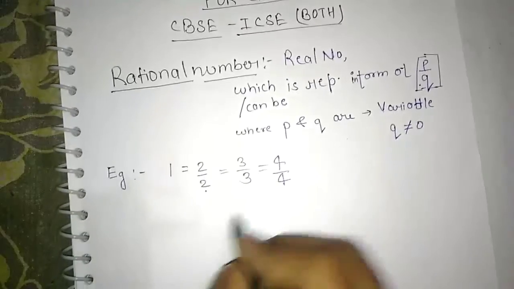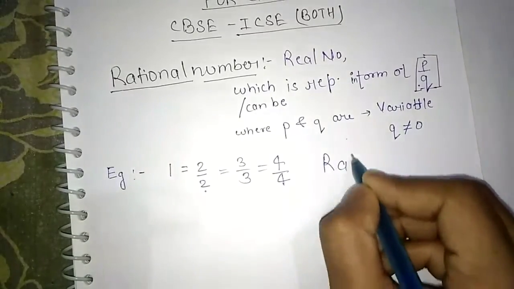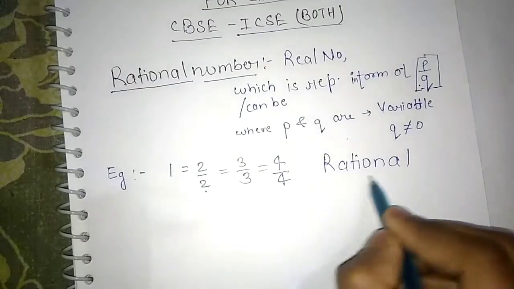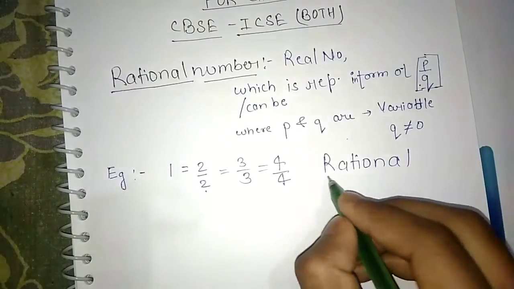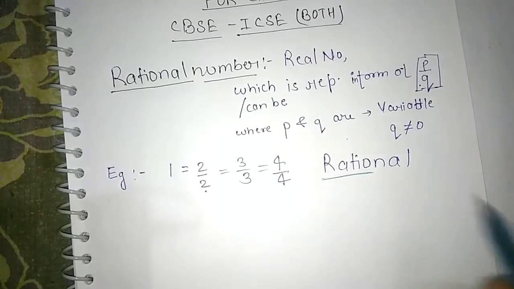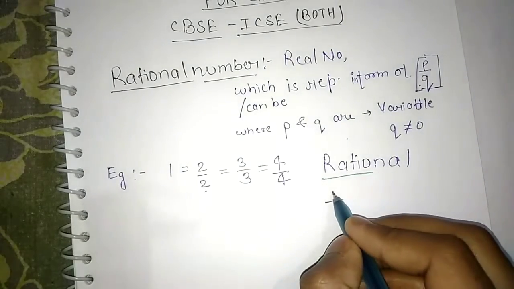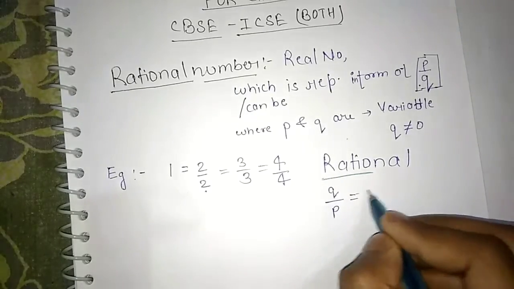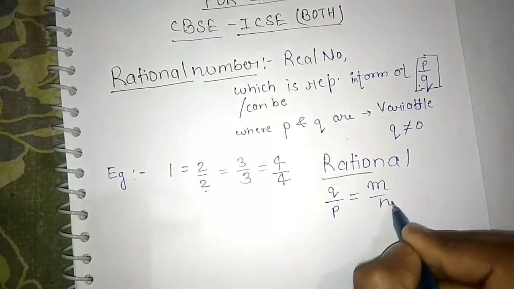We will think more about rational numbers. You can see that in rational number there is the word ratio, which means division of two terms, such as p by q is any number which has a ratio of m by n.